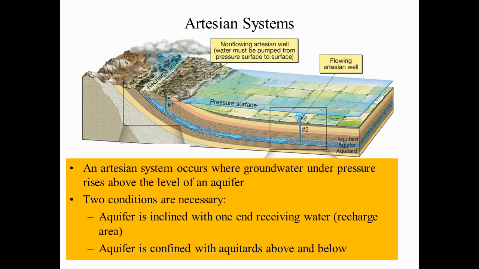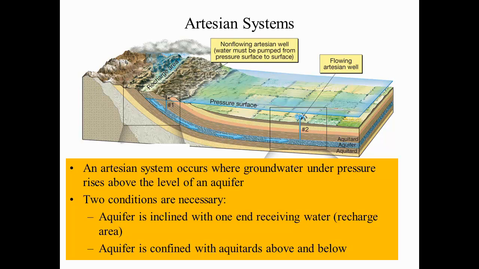Now, an artesian system occurs where groundwater under pressure rises above the level of the aquifer. In order to have an artesian system, two conditions are necessary. One, the aquifer is inclined with one end receiving water, in other words, the recharge area.